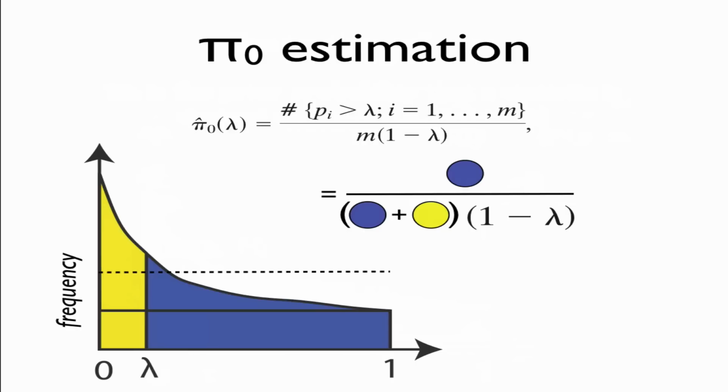So this would be taking this blue area above the score threshold and dividing that by the total number, that is the blue plus the yellow area, times 1 minus this p-value threshold.